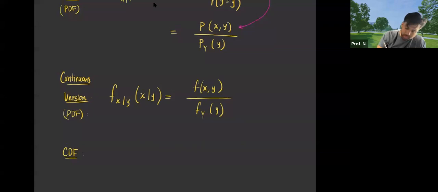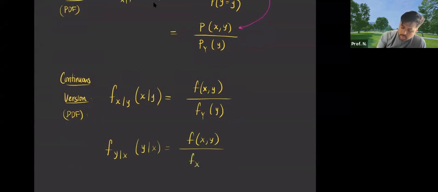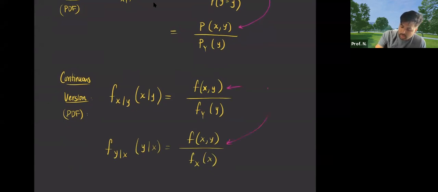But regardless, this should be it. If I have it the other way around, y given x, the top will still be f of x, y, the joint distribution, and I'm going to divide that by the marginal distribution. These both here are the joint PDF.